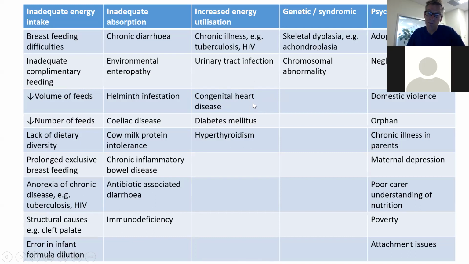And sometimes, in children with congenital heart disease that have tachypnea and tachycardia, they'll have reduced perfusion of blood to their bowel, and therefore they won't absorb as much energy. So there's multiple factors involved in failure to thrive in children with congenital heart disease, for example. And then rarer conditions, but still, increased energy utilization occurs in hypothyroidism and diabetes, of course.